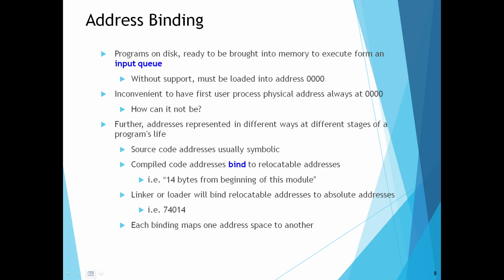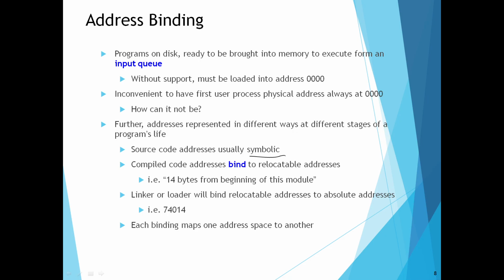We have three different types of address. The first one is the symbolic address. Symbolic address means the source code generated address, so that address is usually symbolic.